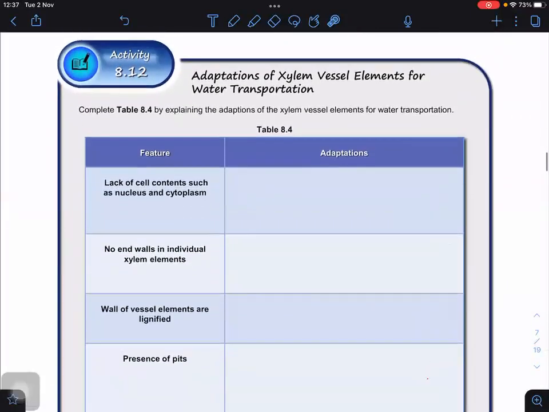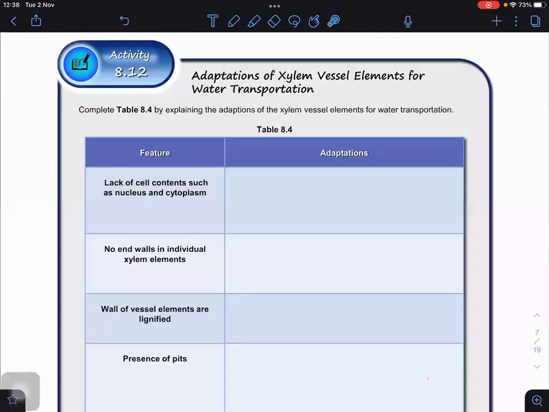So it is very important to know what are the adaptations of the xylem vessel element for water transportation. I say this because we want to have the transportation of the water molecule, so they must have a certain adaptation. So what is the adaptation? First, lack of cell contents, such as the nucleus and cytoplasm. So no organelle.